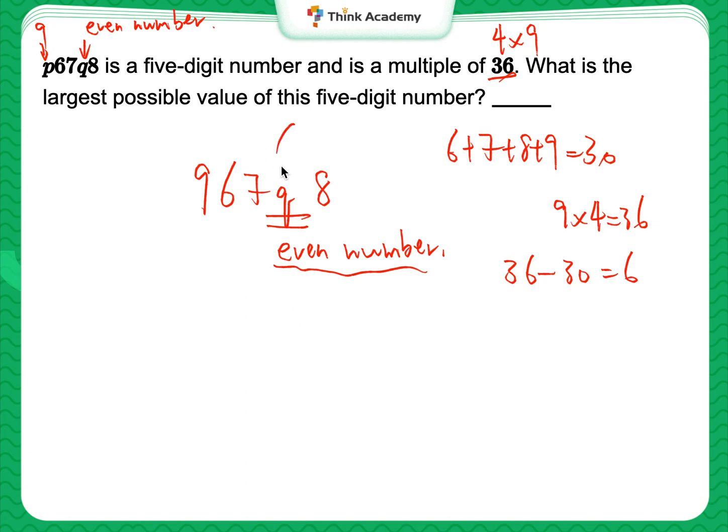So now we know that Q is equal to 6, and the largest possible value of this 5-digit number is 96768. All right, so that's the answer to the last question. If you have any questions, feel free to let us know and we will try our best to help. Thank you.